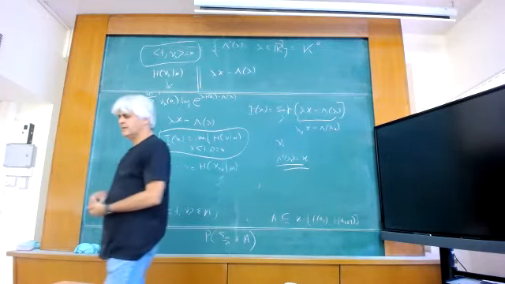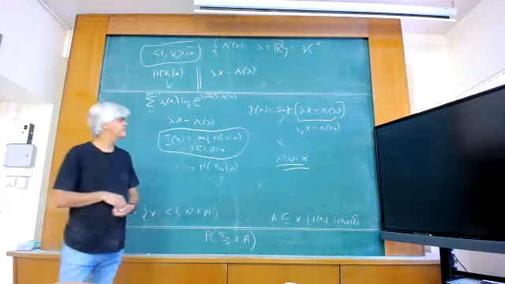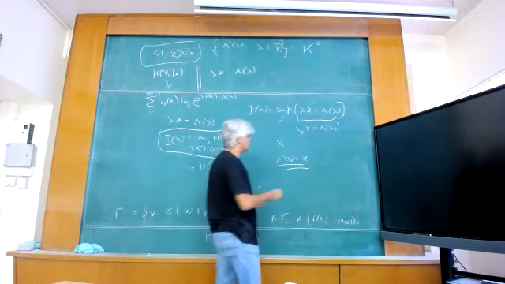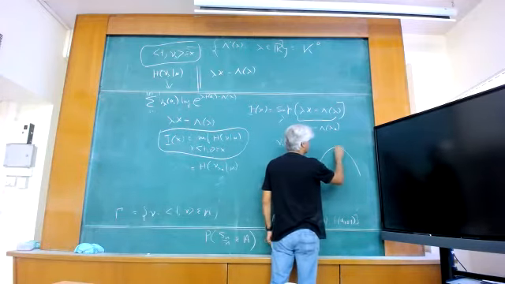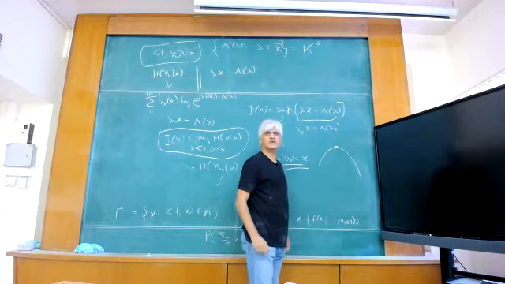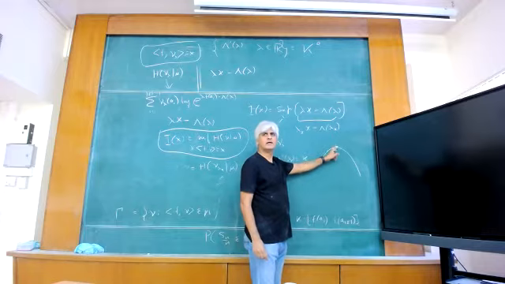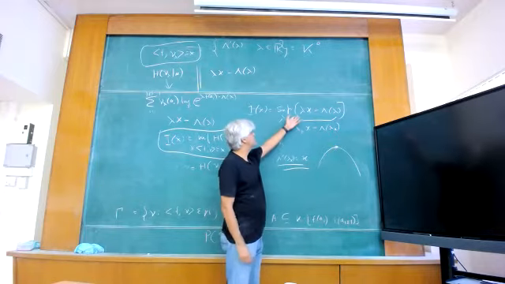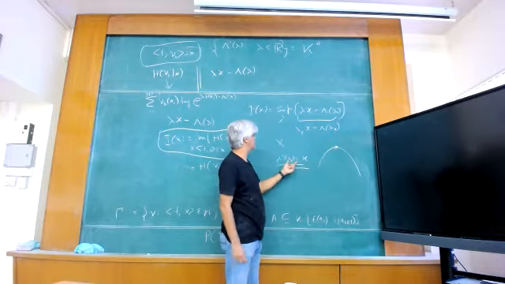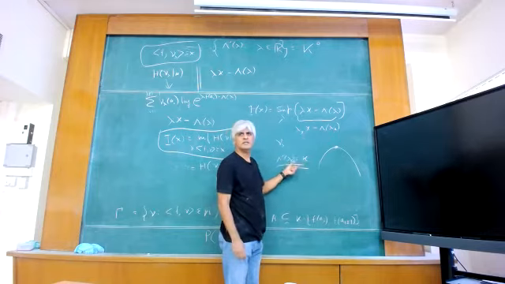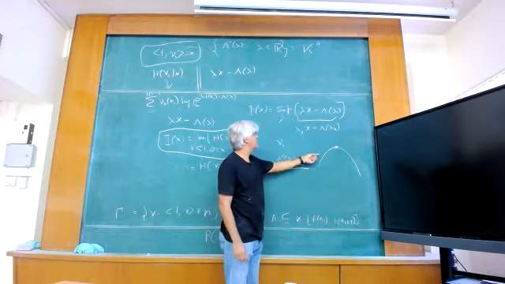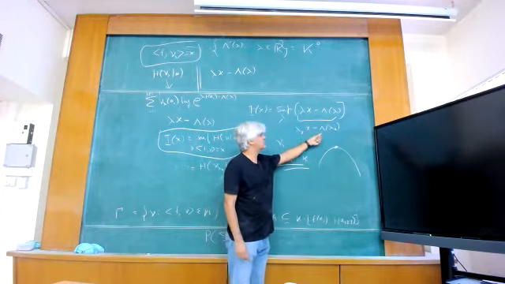All I've said is, if I give you a concave function and tell you at one point the derivative is 0, then that must be the point of maximum. Now I know this function is differentiable and its derivative is 0 at lambda x, so lambda x must be the maximum. At that point, the value is lambda x minus lambda x.